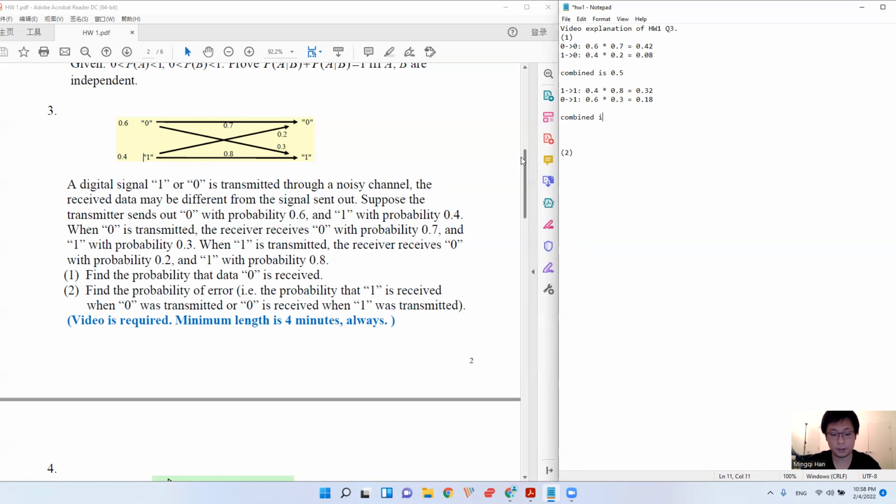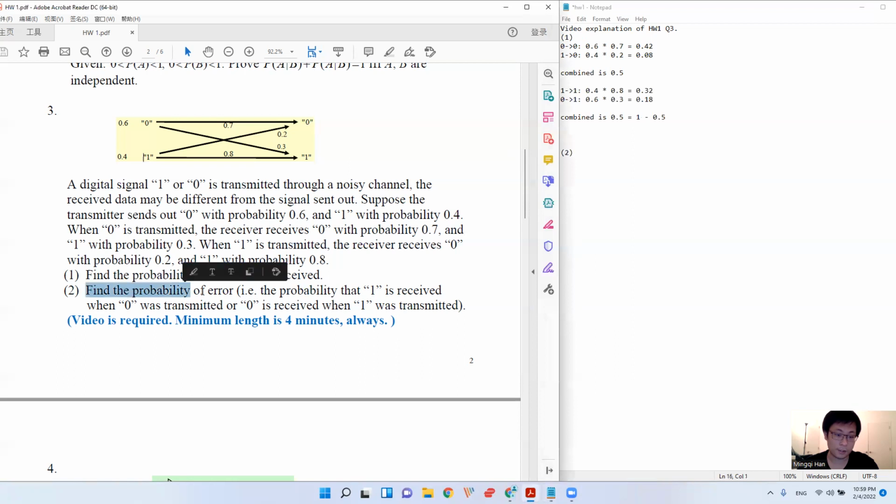Combined, the probability of getting data 1 as the output is also 0.5, which is equal to 1 minus 0.5, where this 0.5 is the probability of getting a 0. So 1 minus the probability of getting a 0 is the probability of getting a 1. And that's pretty much it for question number 1.